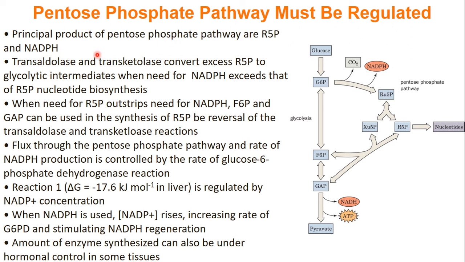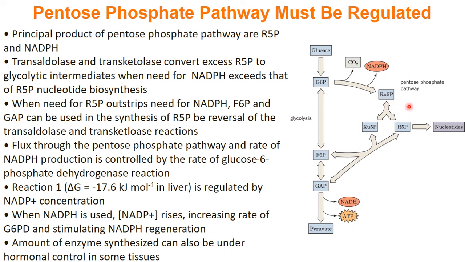So our transaldolases and transketolases, as we just saw, will convert any R5P that is not made into nucleotides to our glycolytic intermediates when we need to make NADPH. So if we really need to make NADPH, this R5P will be used to make glycolytic intermediates instead of just going on to make nucleotides.